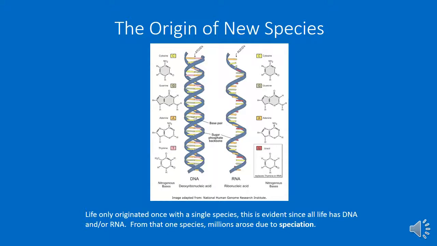And we have millions of species, and this process of creating a new species is called speciation. And what is DNA? Here's a picture of the molecule DNA, and here's a picture of the molecule RNA. Basically, what these are is a genetic code. They're what make us who and what we are.